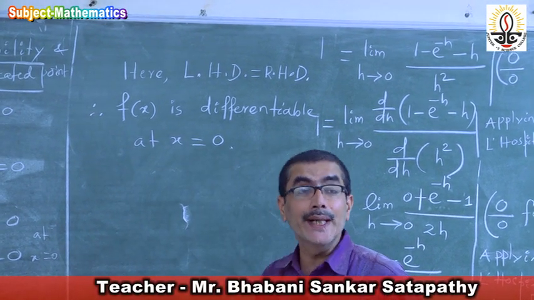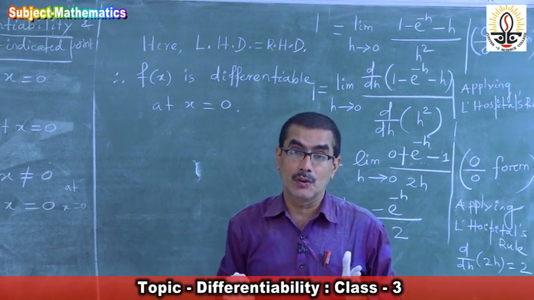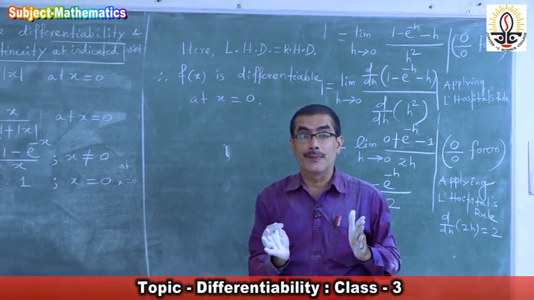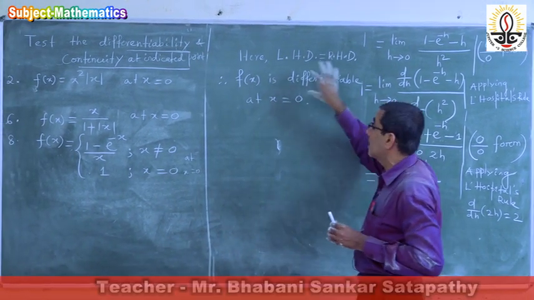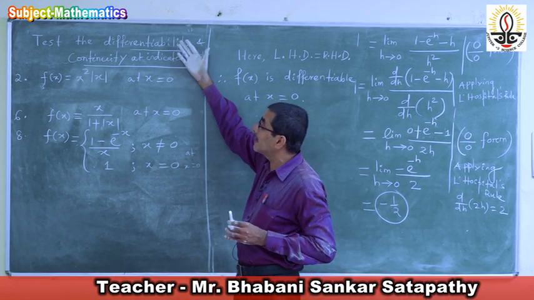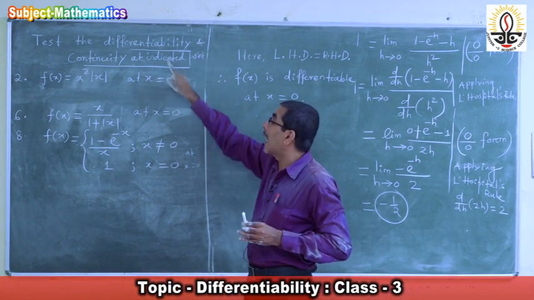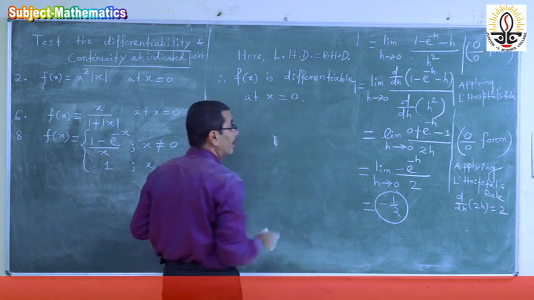But you have to see the question in the examination. If the question is to test the differentiability of the function, your answer will end here. If the question is to test the differentiability and continuity at the indicated point, then you have to write this line.